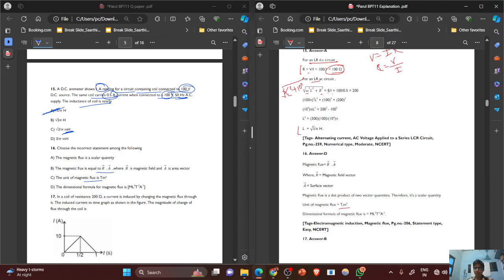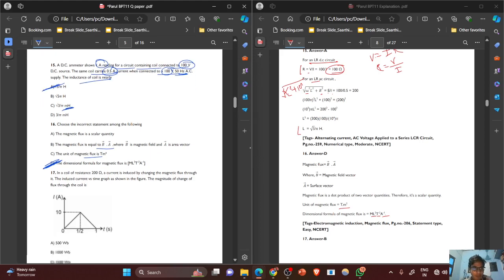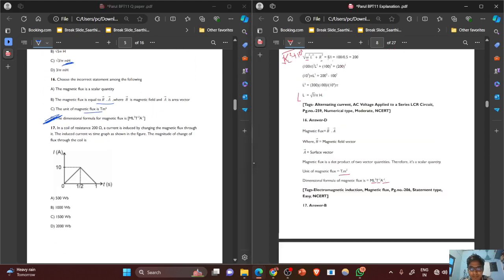From here you get the dimension formula of magnetic flux as ML square T to the power minus 2 A to the power minus 1. But it doesn't match with this formula, so this is the only incorrect option among these. So the correct option will be option D, because here it is asking about the incorrect one, and D is the only incorrect. So it's your answer.